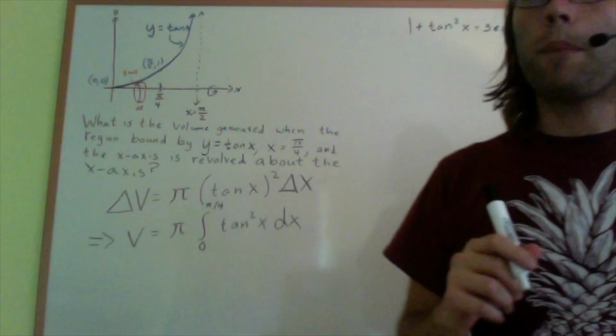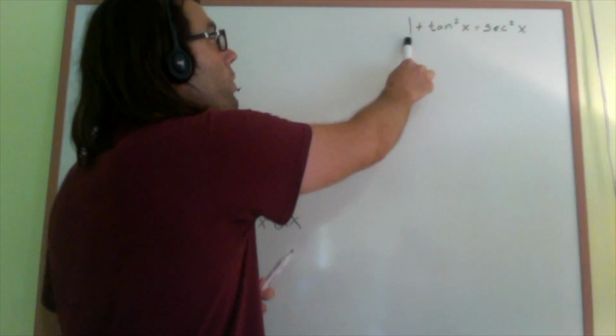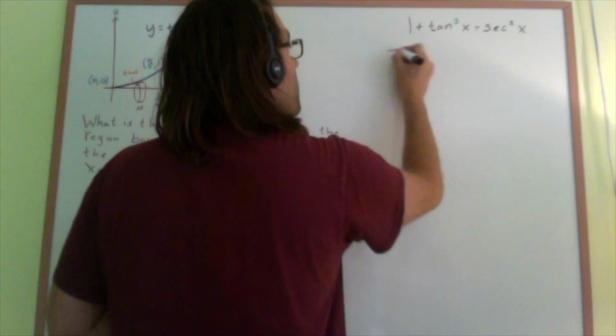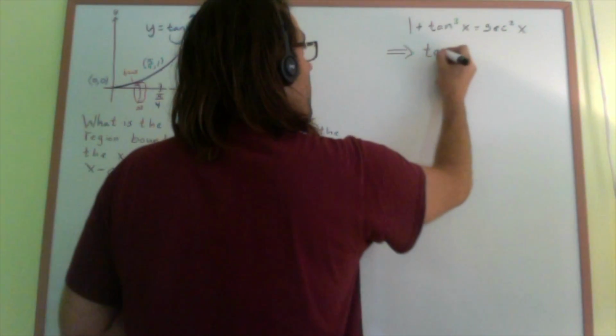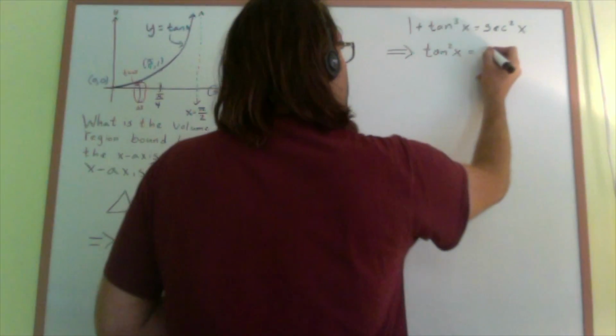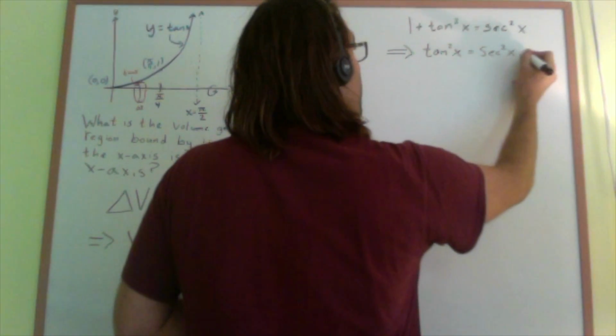This is a Pythagorean identity. And of course, if 1 plus tangent squared x equals secant squared x, that implies that tangent squared x is equal to secant squared x minus 1.